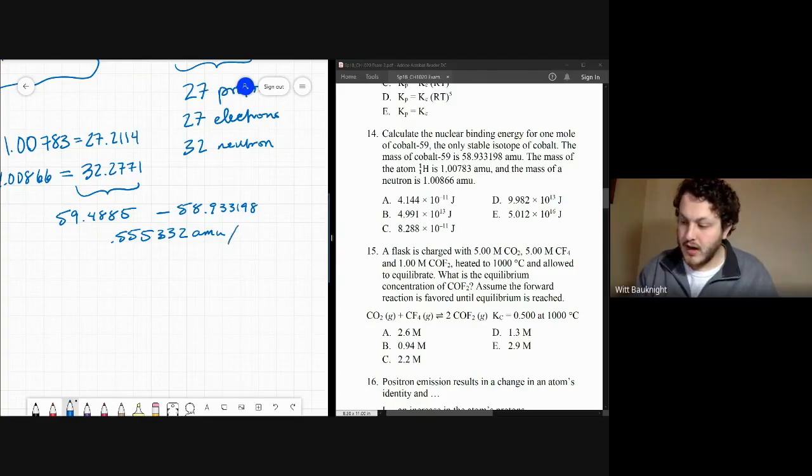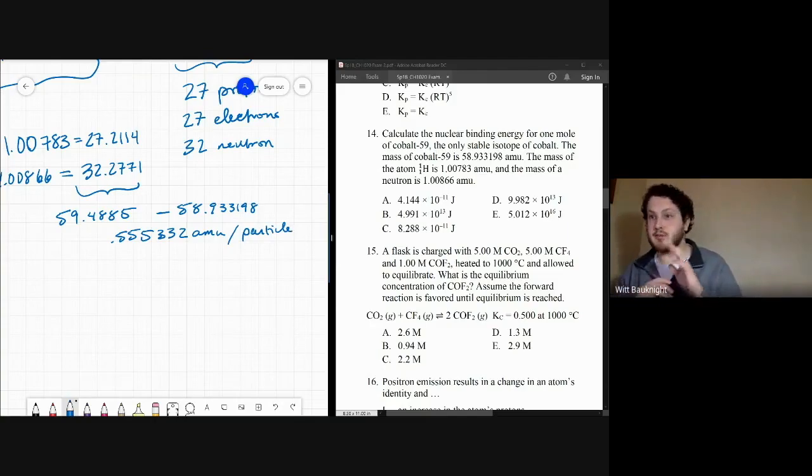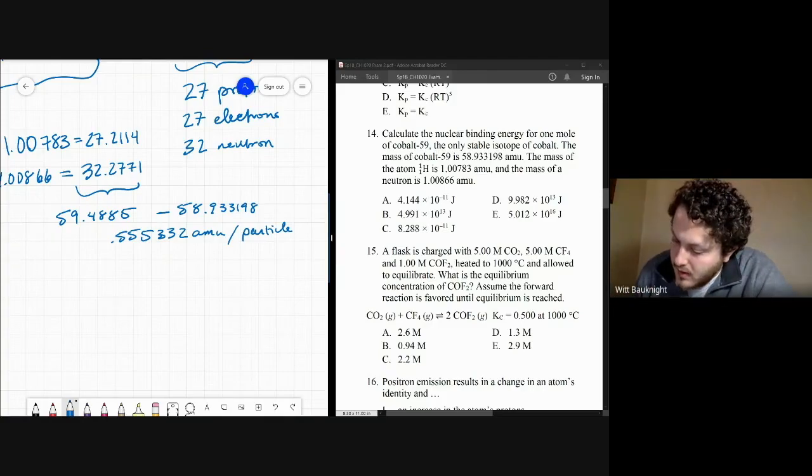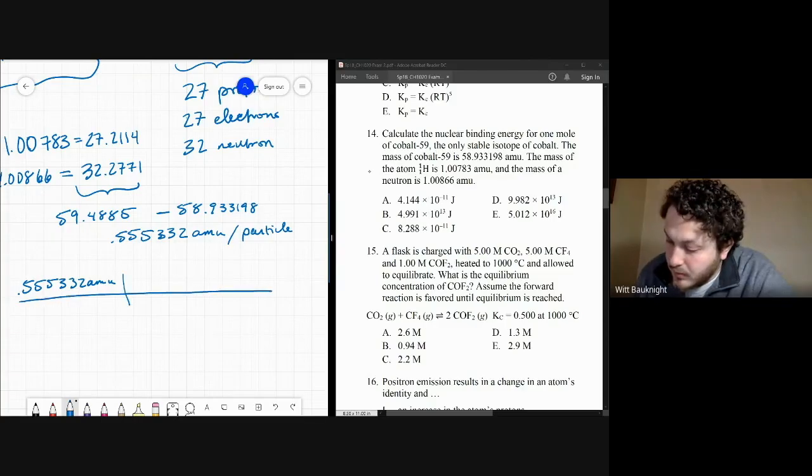So I'm going to write per particle to remind us, because we're going to do some unit conversions, but we've got to keep track of everything, because we're not asked the nuclear binding energy of a single particle, we're asked of 1 mole of cobalt. So we have 0.555332 AMUs of mass defect per particle cobalt.